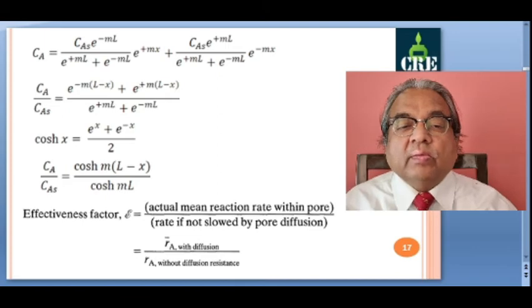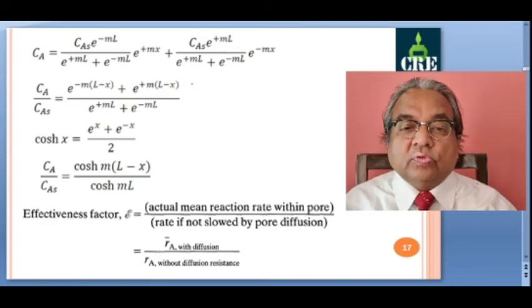So if I write plus m into L minus x, I will get this. So we have added these indices and simplified. So what we get is e raised to minus m into L minus x plus e raised to plus m into L minus x divided by e raised to plus ml plus e raised to minus ml.